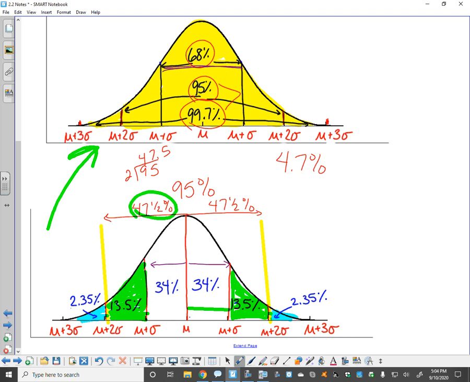Now, if I were to add all of these up, I do not get 100%. I would get 99.7. Remember, you got to leave room for the 10-pound rat. So it does not all add up to 100%. 3 standard deviations away from the mean will get you 99.7. So the rule you need to memorize is 68, 95, 99.7.